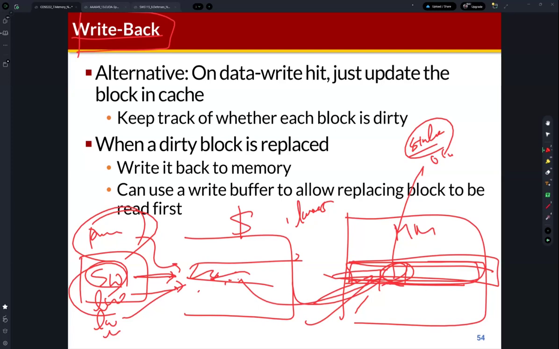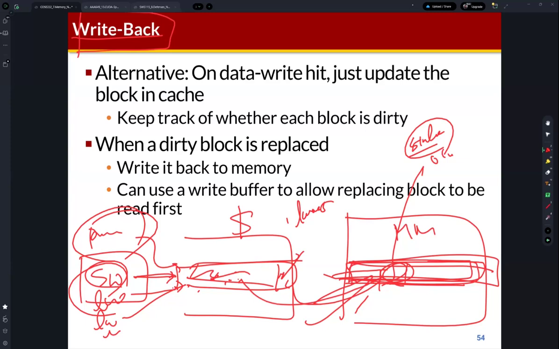So most CPUs employ the write-back policy. Okay, and in order to implement the write-back policy, we need to check whether the cache block is updated or not. If the cache block is updated, then when this block is evicted, the main memory needs to be updated.